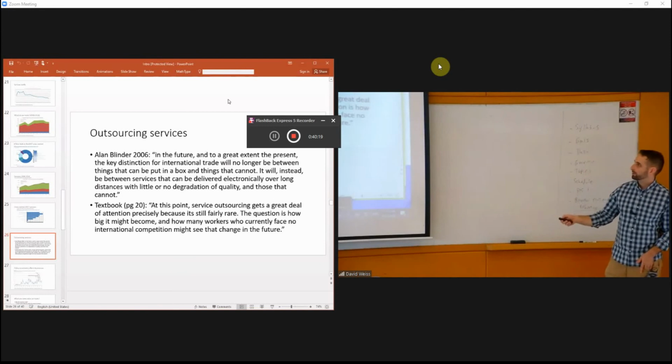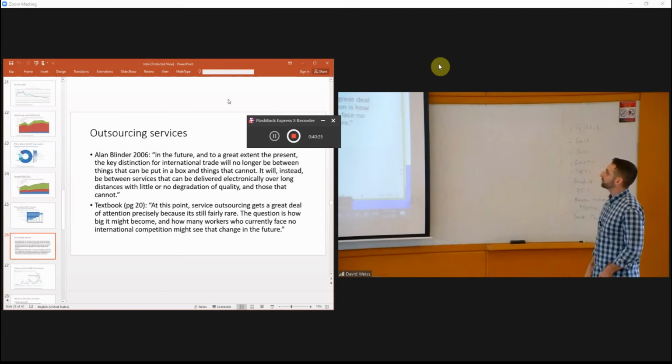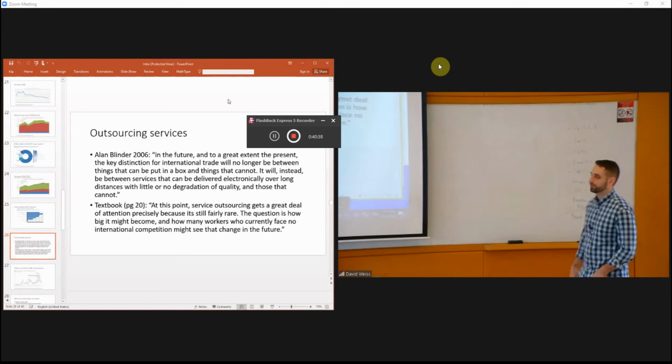What does the most recent version of the textbook say has actually happened? At this point, service outsourcing gets a great deal of attention precisely because it is still fairly rare. The question is how big it might become and how many workers who currently face no international competition might see that change in the future.